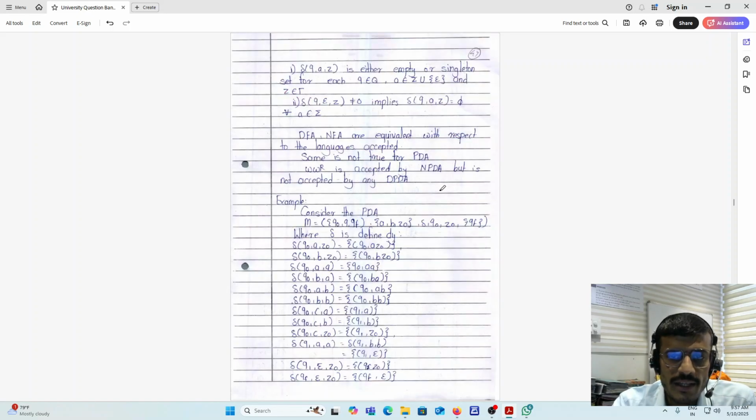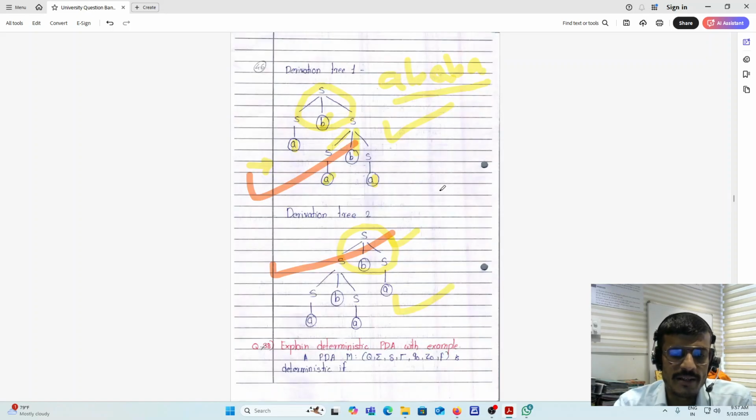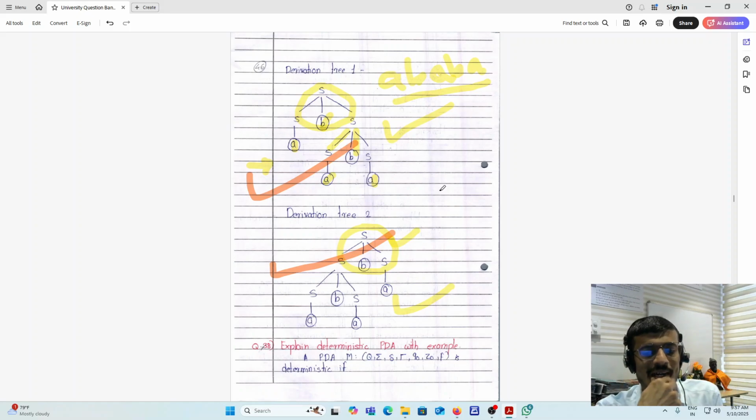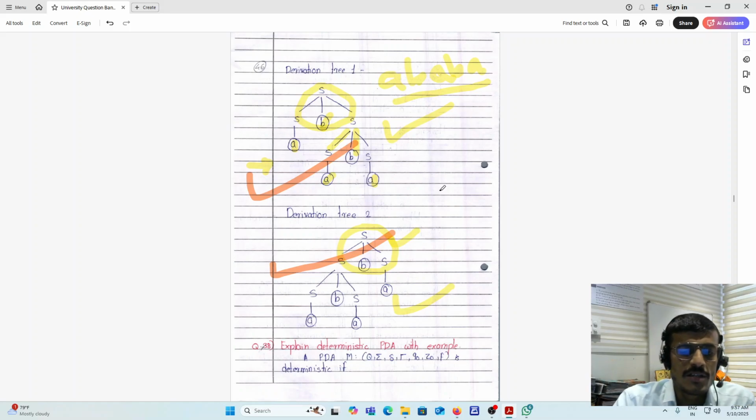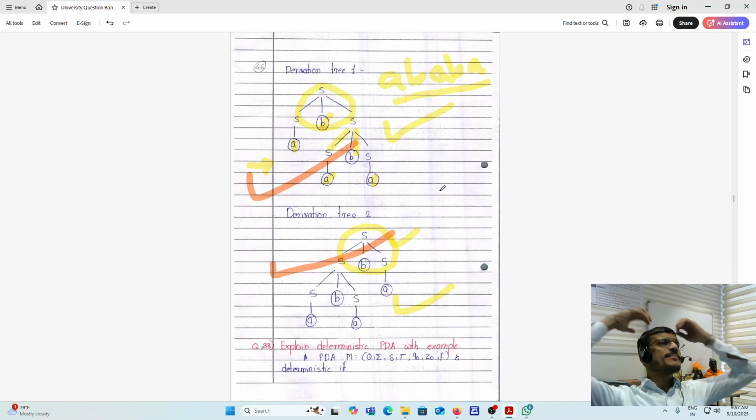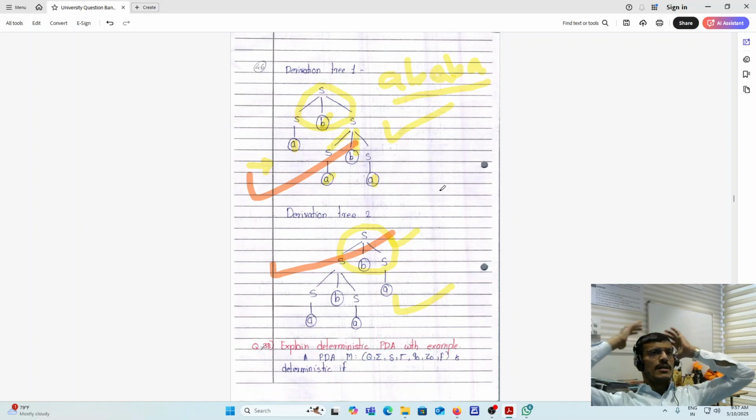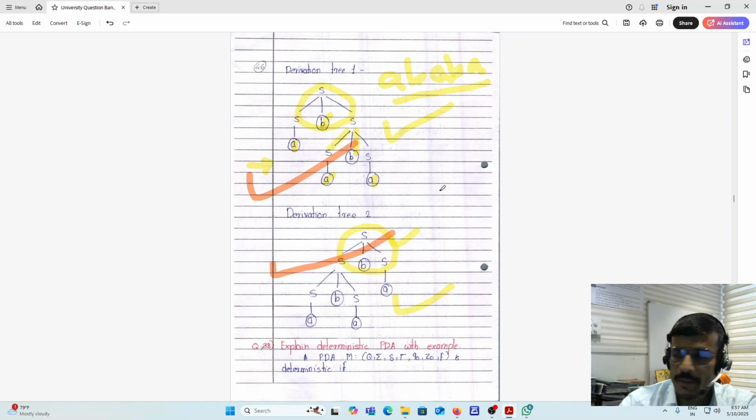Now, whatever we have explained earlier about deterministic PDA with the example. So what is meant by deterministic PDA? A very important example of the deterministic PDA is the drawing of the palindrome with the marker.